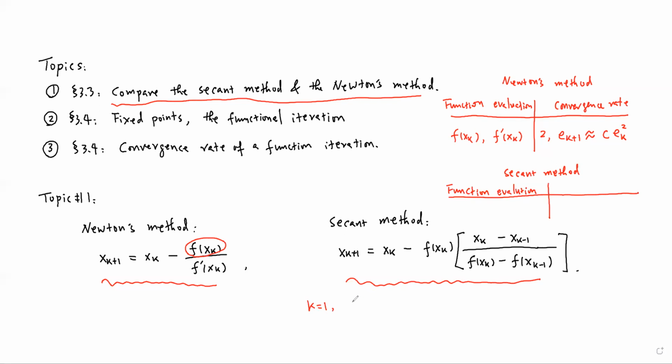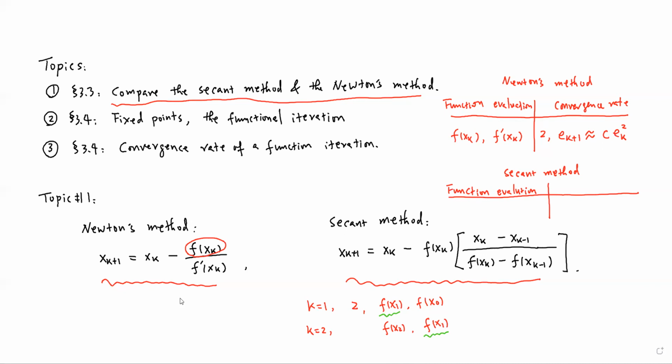So we need to evaluate two function values: f(x1) and f(x0). When k is 2, we need the function value at x2 and the function value at x1. But the function value at x1 we got from the previous step. So actually, when k is 2, we only need to evaluate one function value.